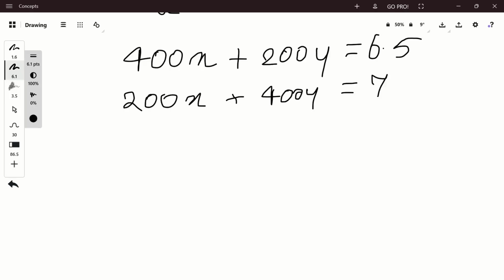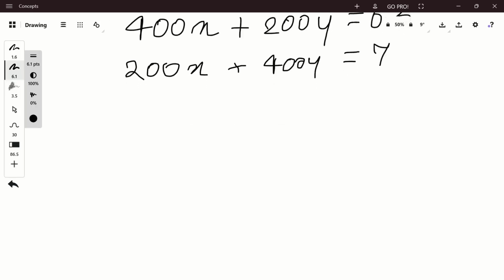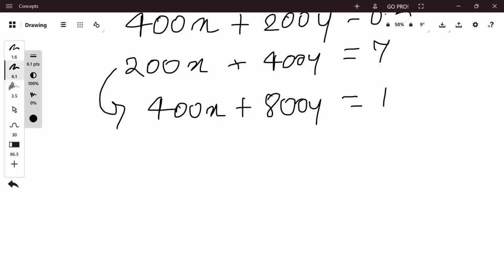Multiplying the equation 2 by 2, we get 400x plus 800y is equal to 14.